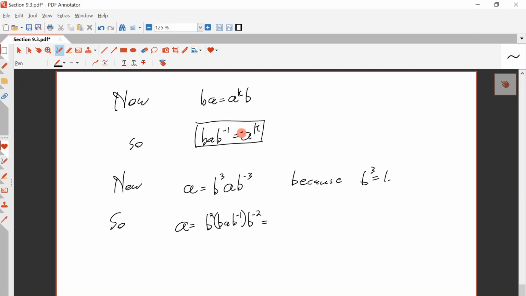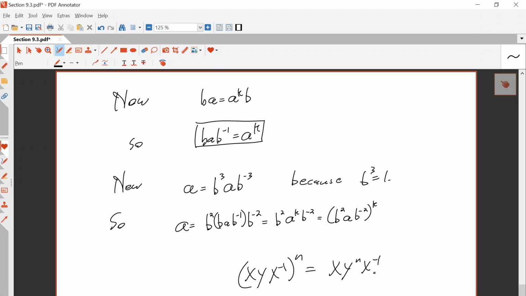But this is A to the K. So that's B squared, A to the K, B to the minus 2. But this is equal to B squared, A, B to the minus 2, that whole thing to the K. It's that old thing that X Y X inverse to the N is X Y to the N X inverse.